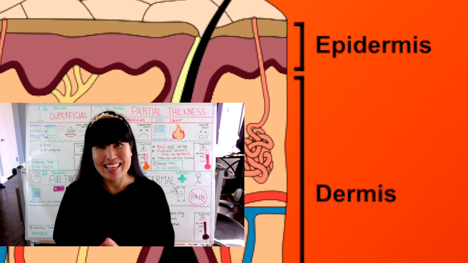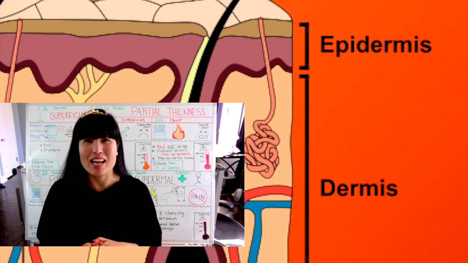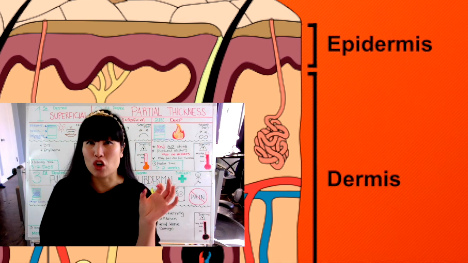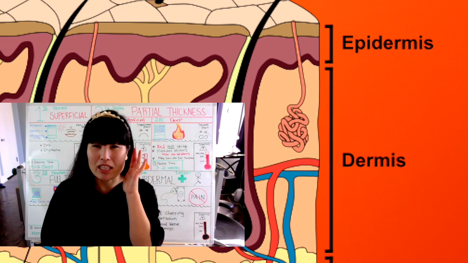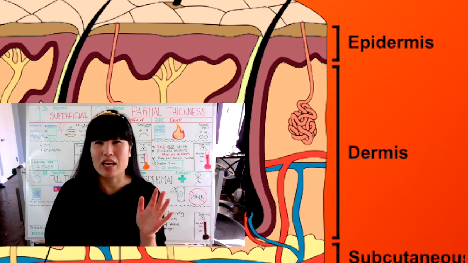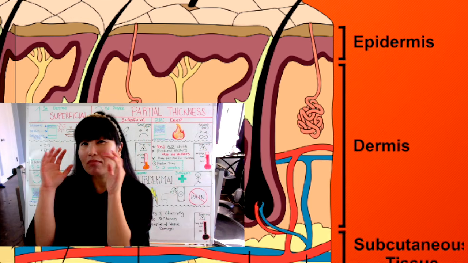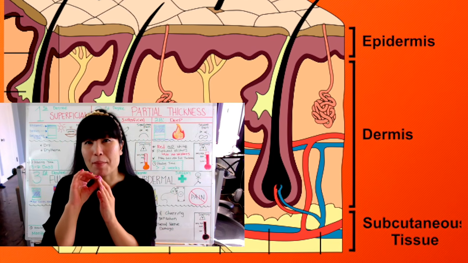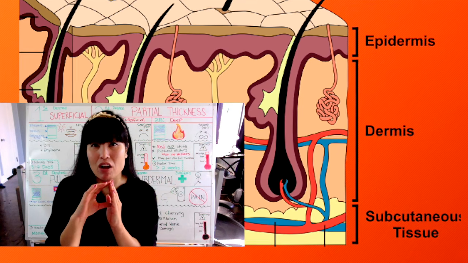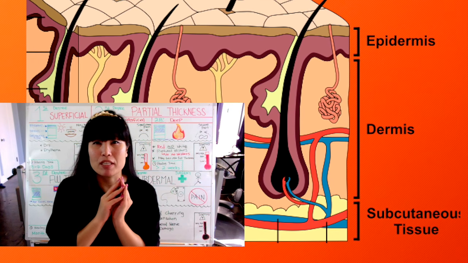So again, the clue is in the word. And although it's not called the dermis burn, I sometimes in my own head like to think of the second-degree burn as a partial dermis burn because that partial is referring to the fact that part of the dermis is now involved in addition to the epidermis.